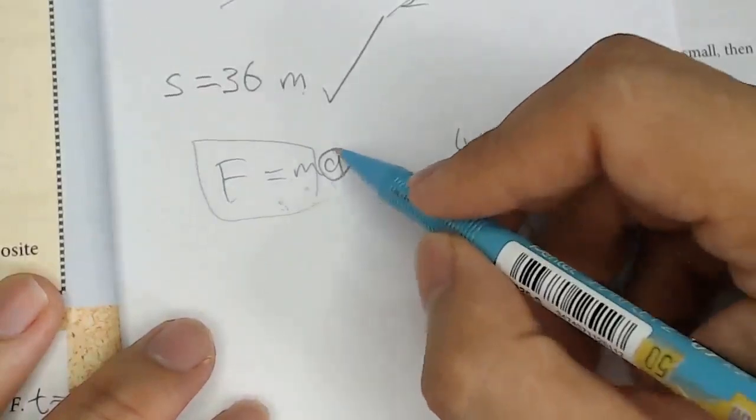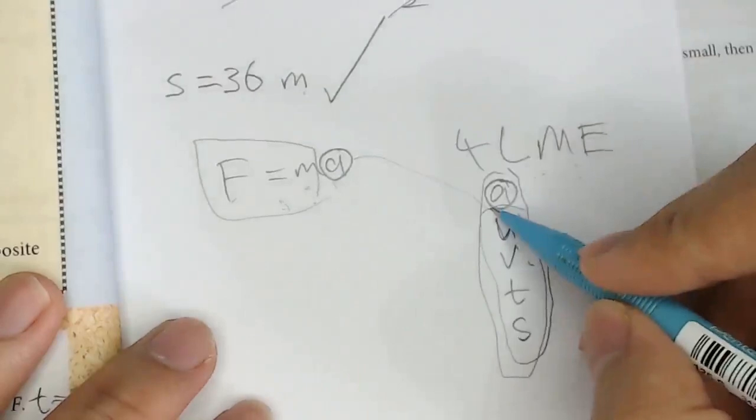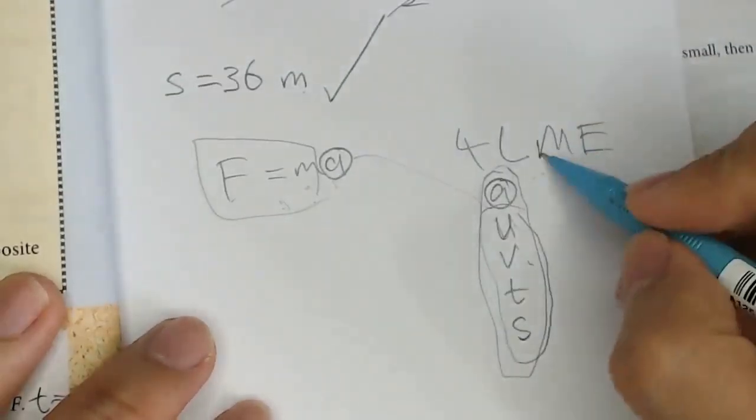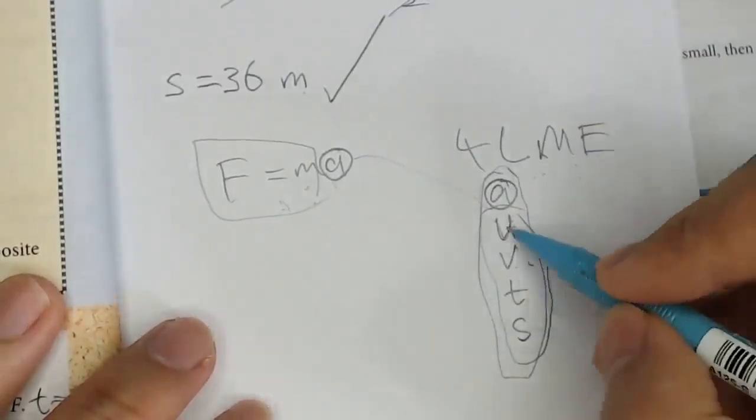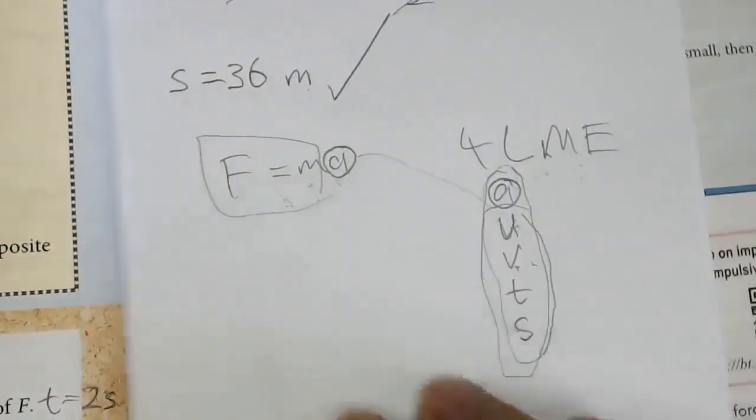So you're going to get the value of A from this formula, then you go back to use this formula to find another component, U, V, T, S. You got the idea? Okay, not difficult to understand.